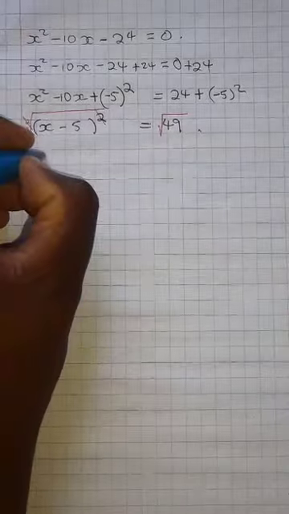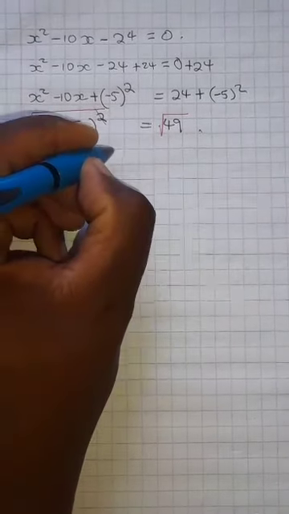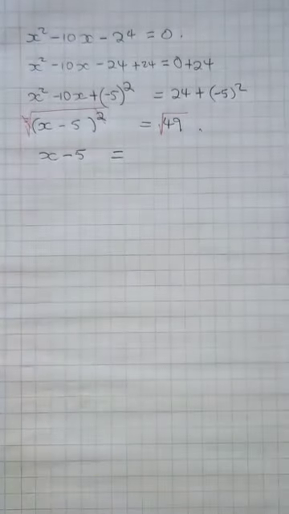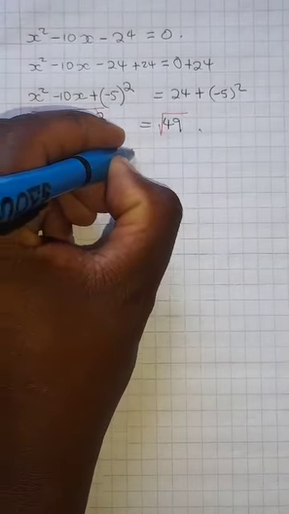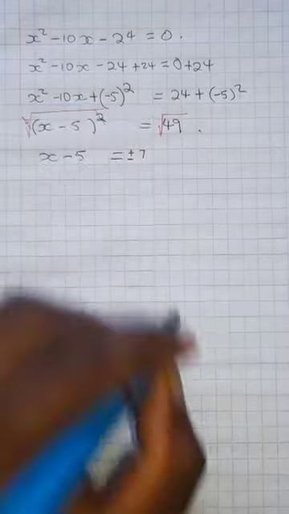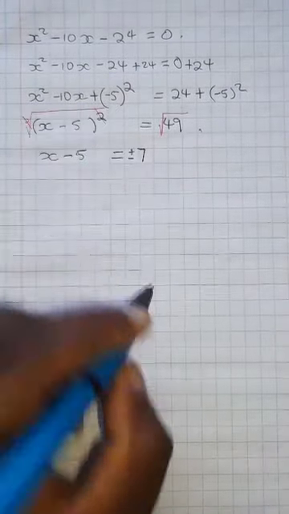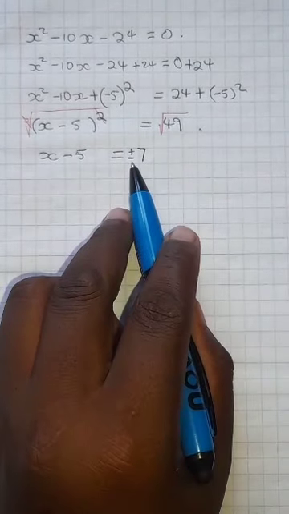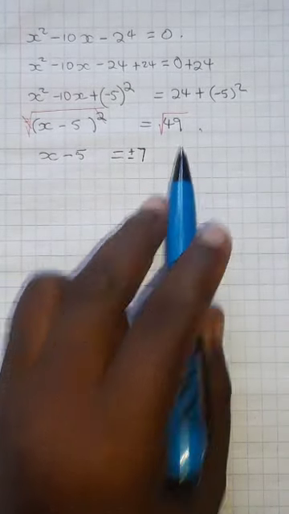We are left with x minus 5, and it's equal to either positive or negative 7, because positive 7 squared gives us 49, and negative 7 squared also gives us 49.